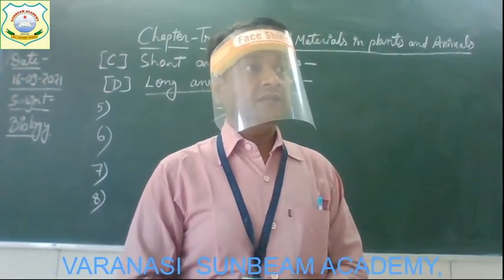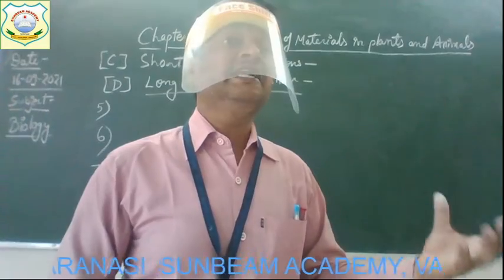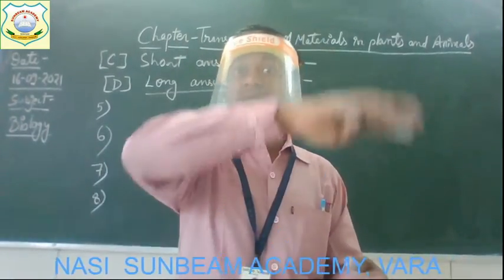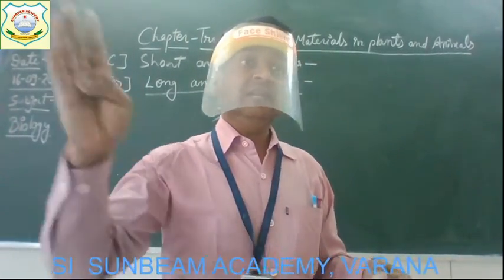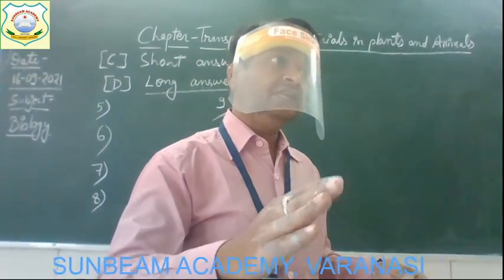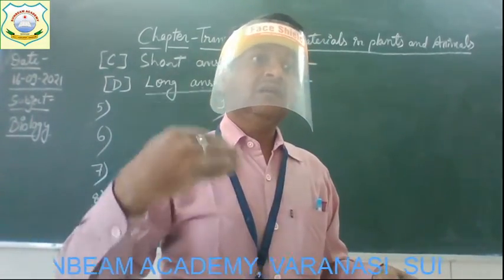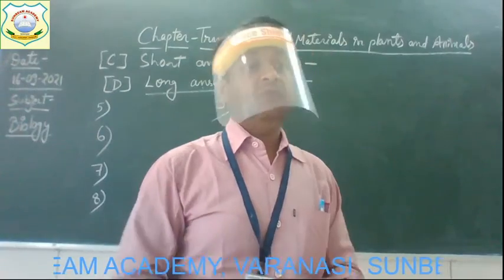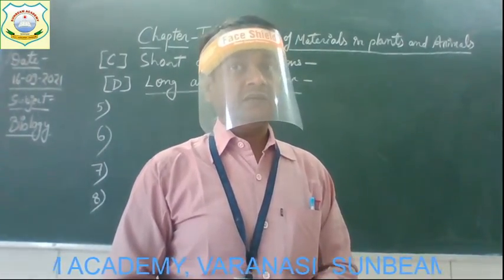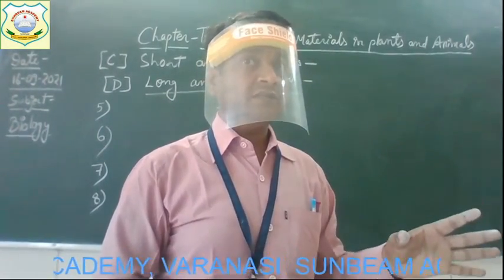Get it? And how is it excreted? It is excreted through the urethra. So this is the complete process of filtering the blood by the kidneys and removal of waste from the body. Get it? Understood the complete process?